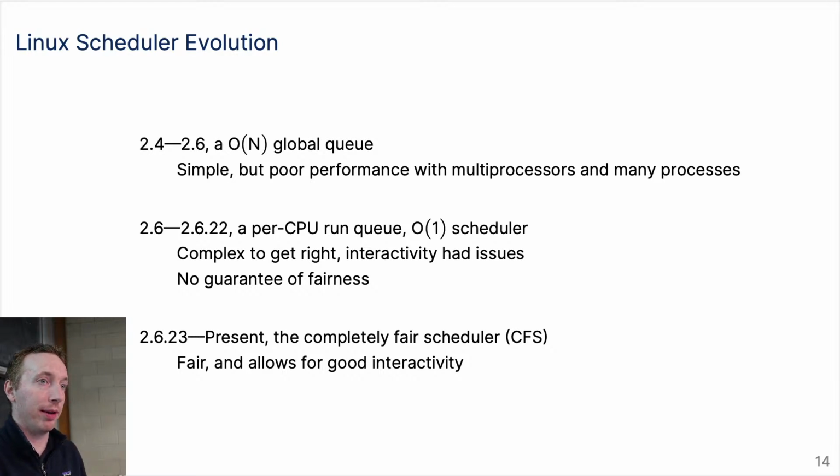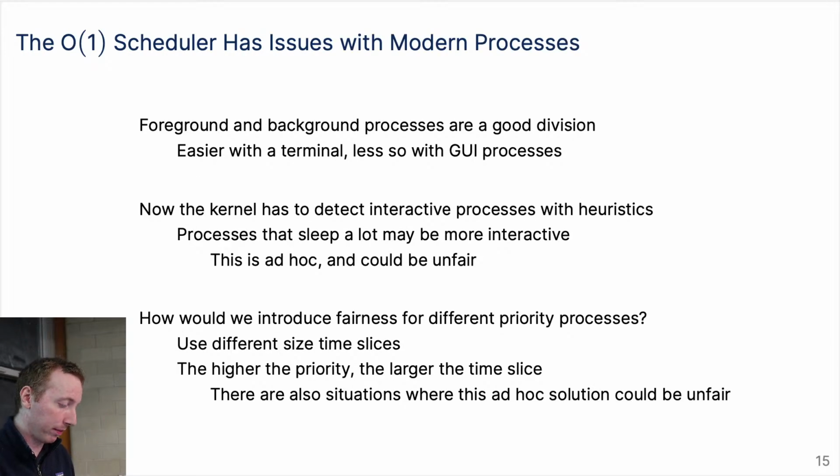That was the one that could steal processes between cores and move them around. Then since 2.6.23, which is the current scheduler, they opted to create something called the Completely Fair Scheduler, or CFS, and it is fair, allows for good interactivity, and it's been used for a long time.